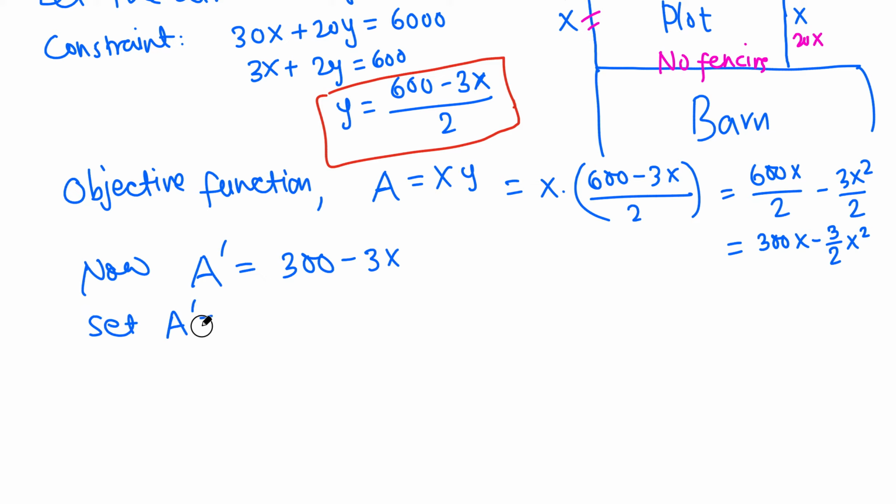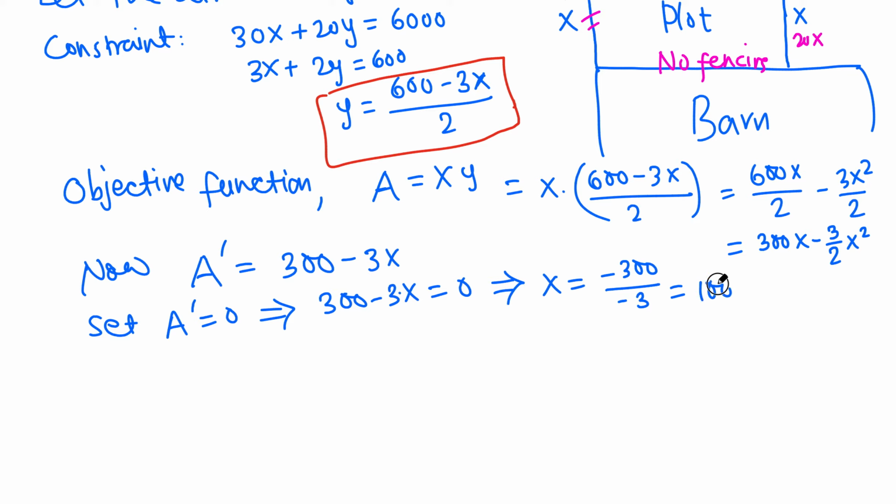Now we set the derivative to 0 to find critical numbers, meaning the x values where we get maximum or minimum. So setting this to 0, subtract 300 from both sides and divide by -3. So x is -300 divided by -3, that's 100.